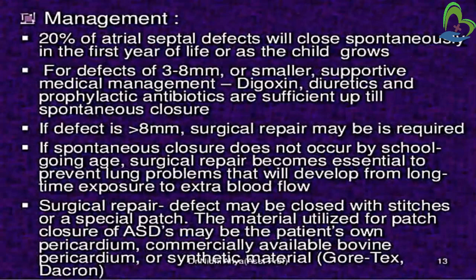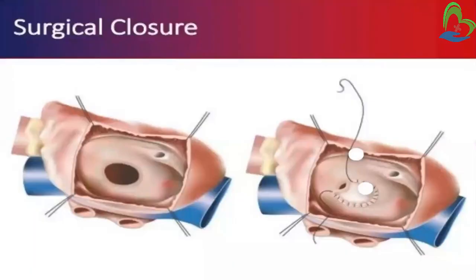The material used for patch closure of ASD may be the patient's own pericardium, commercially available bovine pericardium, or synthetic material, that is Gore-Tex or Dacron. The pericardium is the layer of the heart, so we can use the patient's own pericardium layer. Otherwise we can also use synthetic materials, such as Gore-Tex and Dacron.